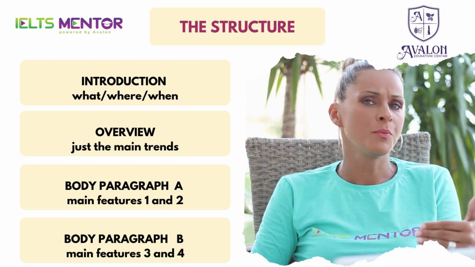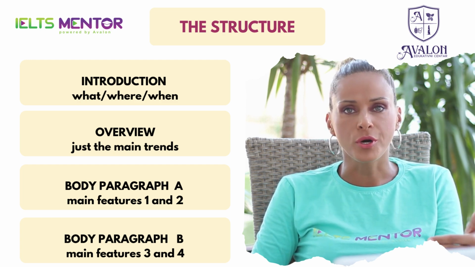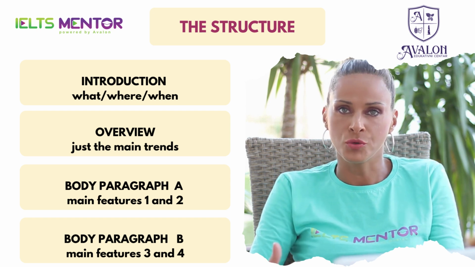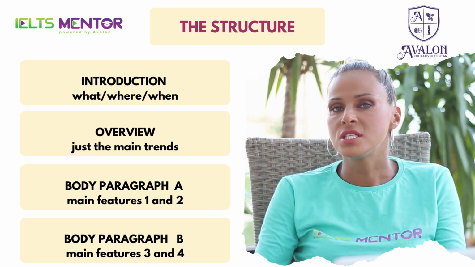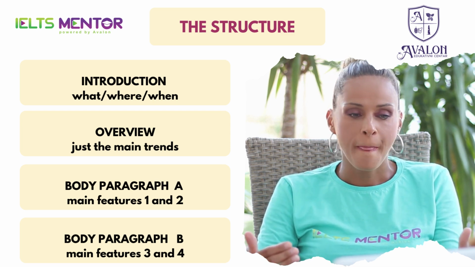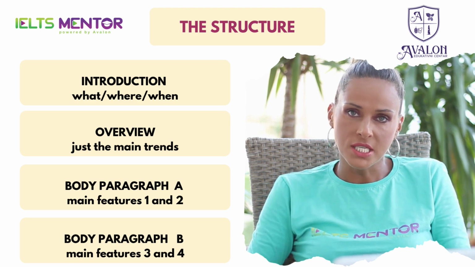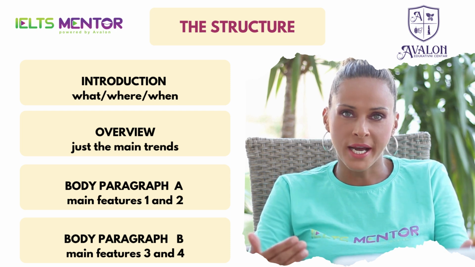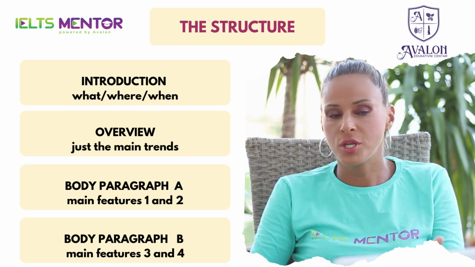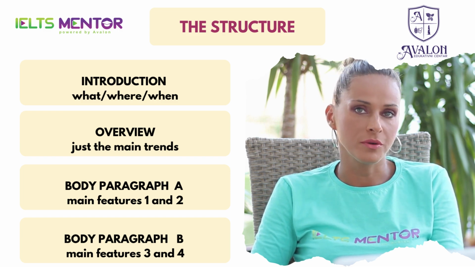Overview is extremely important part of your report because you will lose marks if you don't include it in your report. And here you just need to describe main trends, main changes. Then we go into details and we describe and discuss details. And we have body paragraph A and body paragraph B.